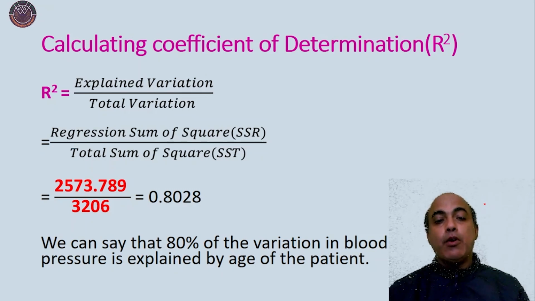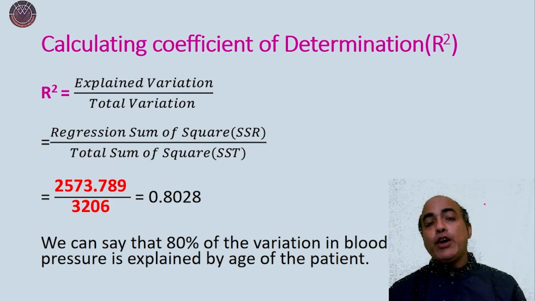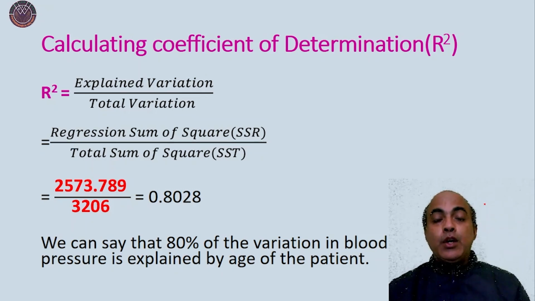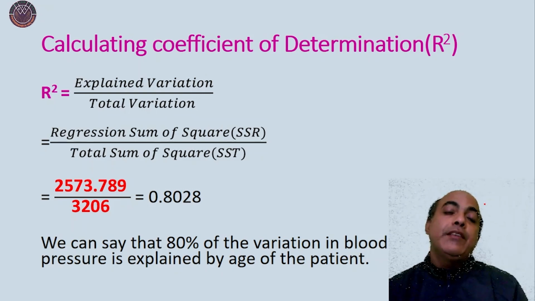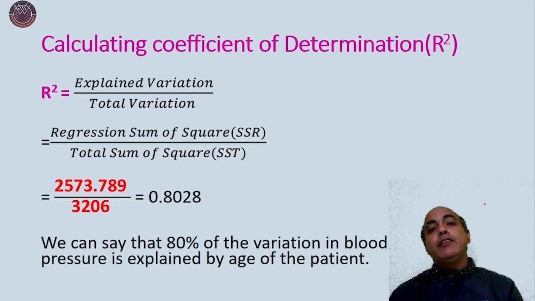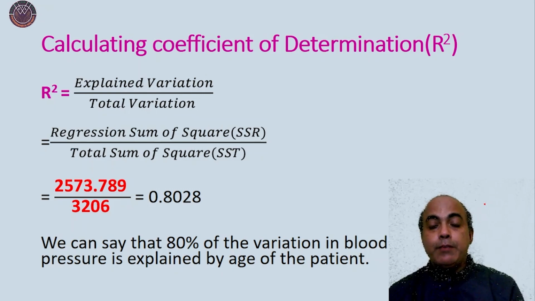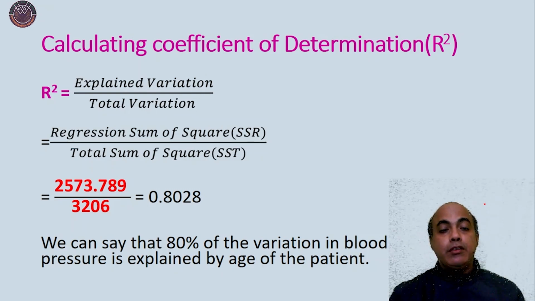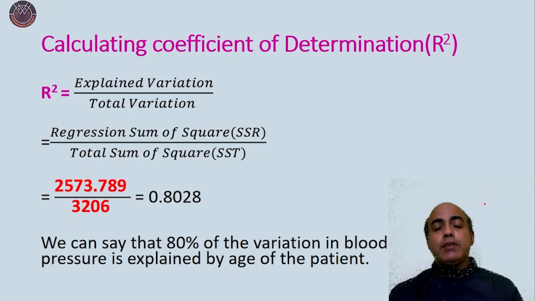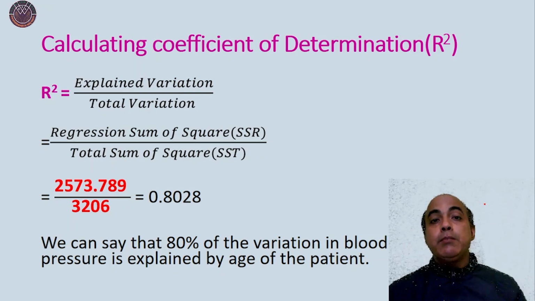And here we have got a quite high value, 0.8028. So 80% of the variance in the dependent variable is explained by our independent variable, or we can say that 80% variation in blood pressure is explained by age. And we have seen in the practical example also how our blood pressure is very much related to our age.